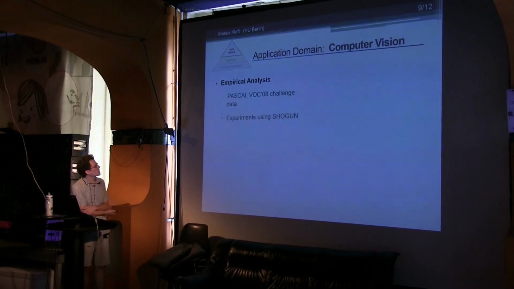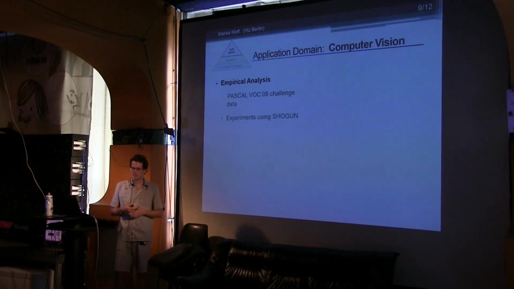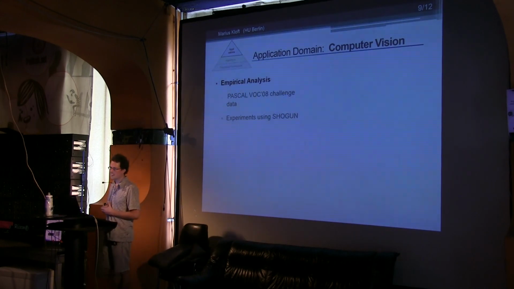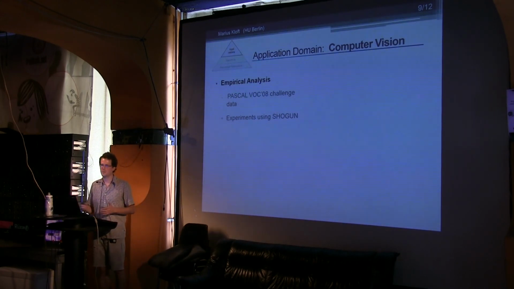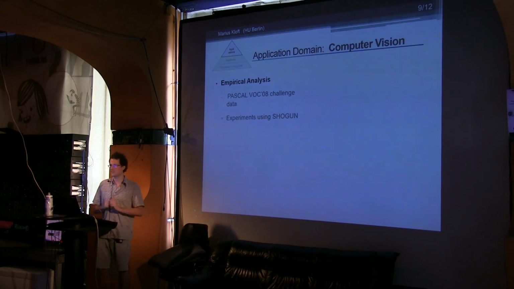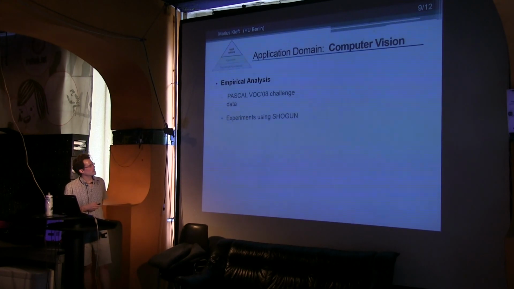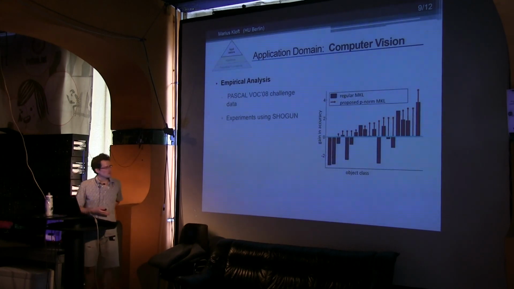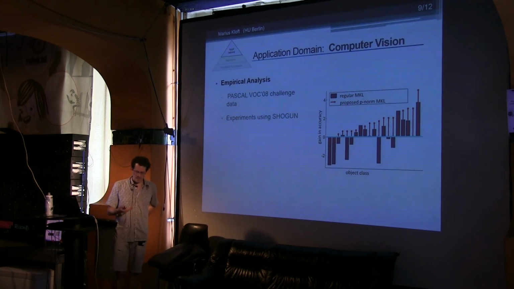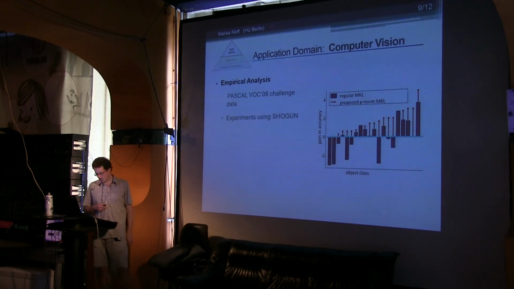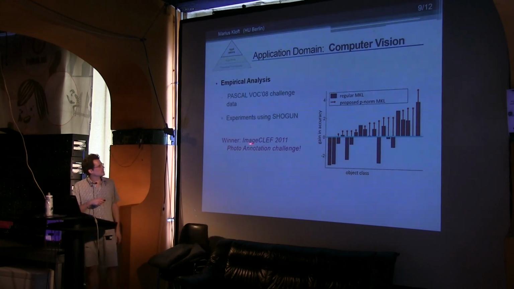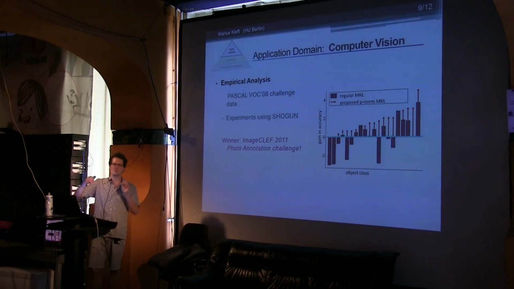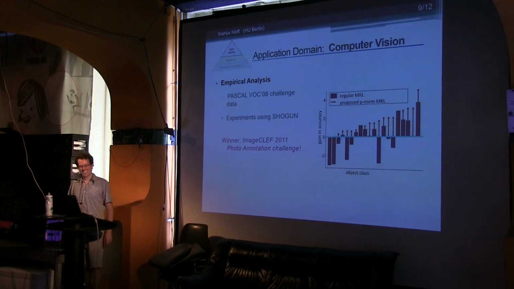And now we can apply our method to this setting, and we did this together with my colleague Alexander Binder et al. He's a core developer, or semi-core developer of Google. We performed these experiments in Shogun, and it turned out to work really, really well. So well that we actually won an image recognition challenge with this method. Although I have to say, of course, it involves a couple more hacks. But this is one of the hacks.